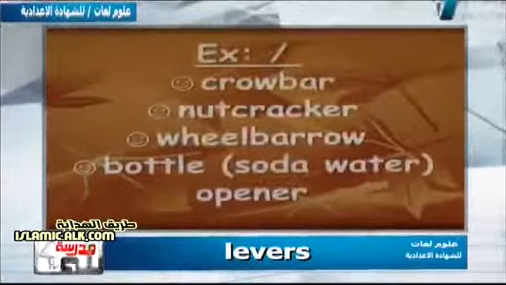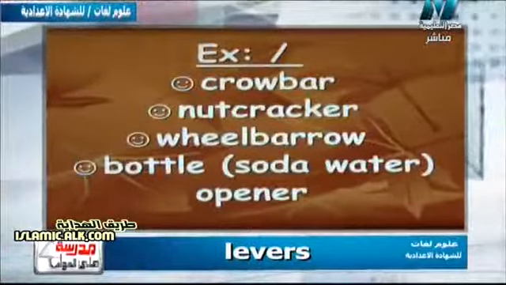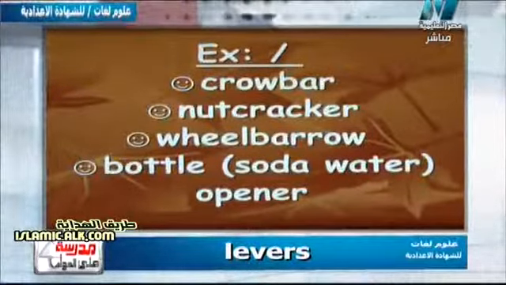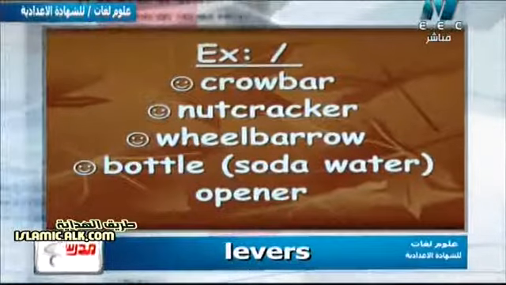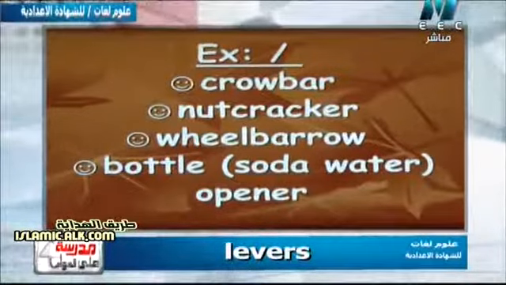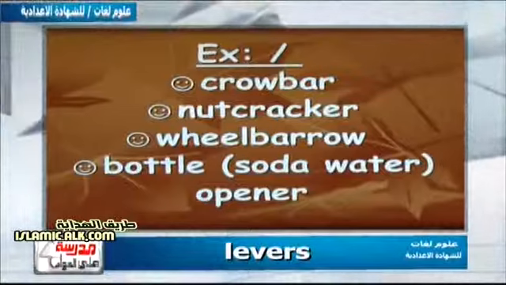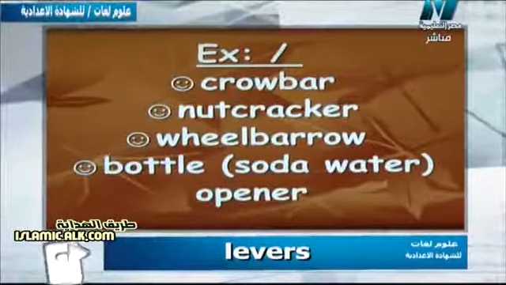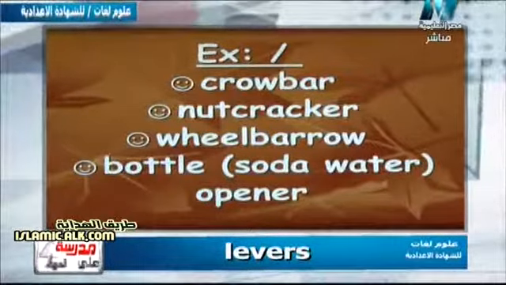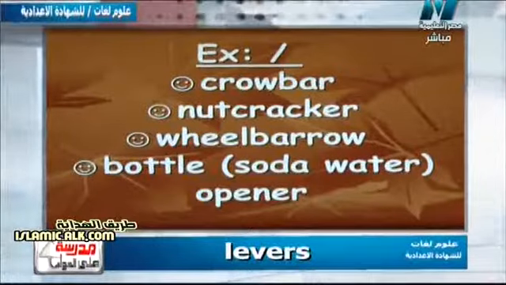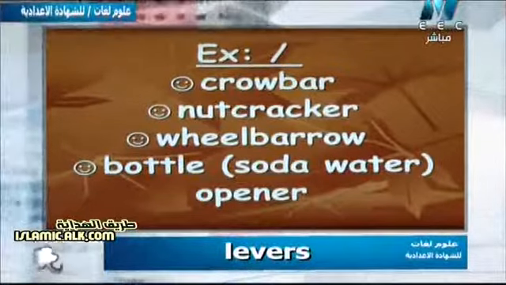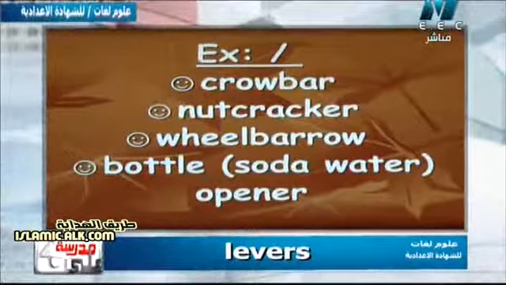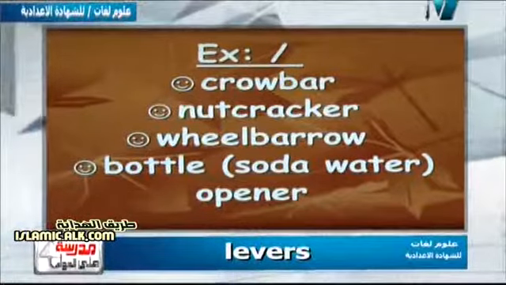Like what? Examples. We have many examples to increase force like the crowbar العتلة as I said at the first of this episode زي ما قلت في أول الحلقة, nutcracker كسارة البندق, wheelbarrow عربة الحديقة. I can move heavy load or heavy things like sand, like cement, like bricks زي الأسمنت أو الطوب أو الرمل by the wheelbarrow.